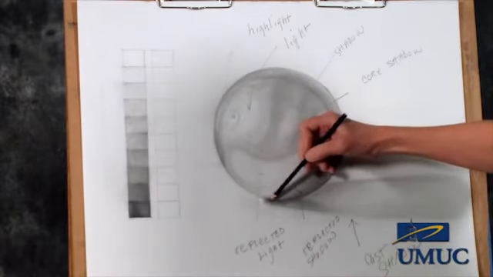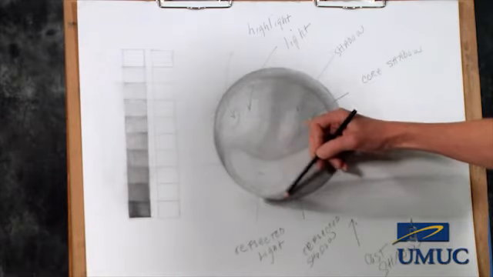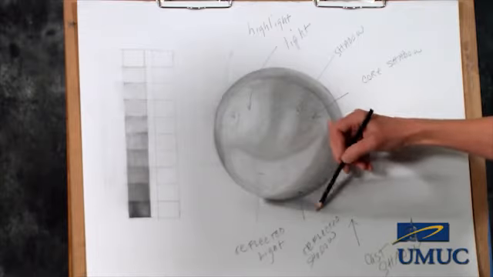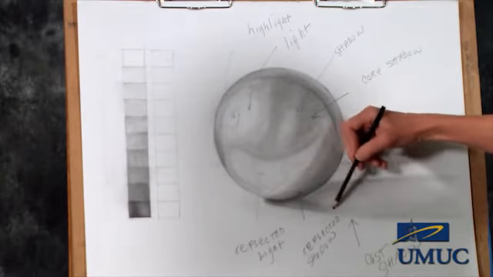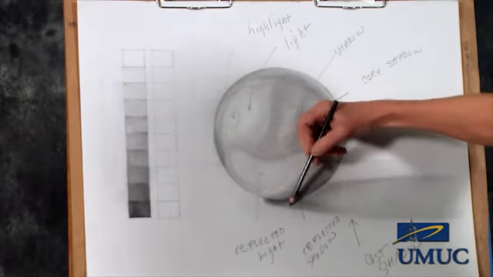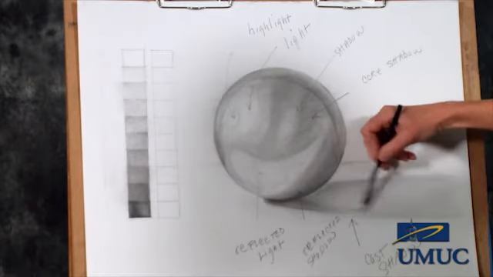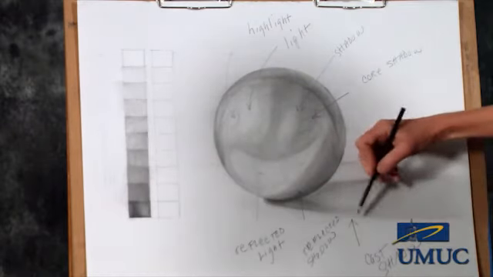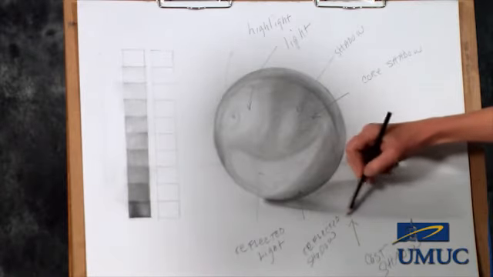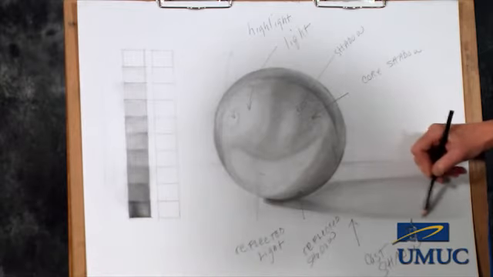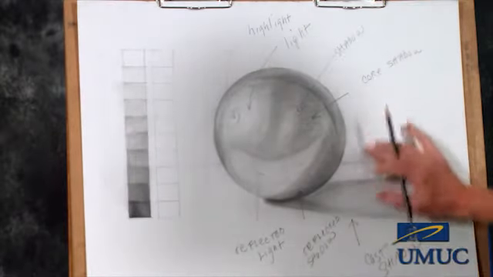When I examine my cast shadow, I notice that the shadow is darkest where it meets the sphere. The edge of the shadow is sharpest where it meets the sphere. And as the cast shadow travels further away from the object, the edge of that shadow is going to be softer, lighter, and faded depending on your light source.